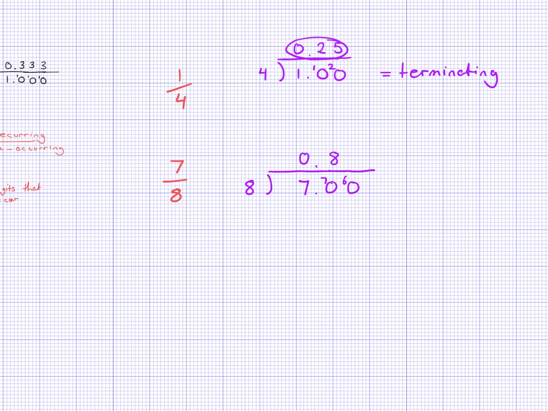How many 8s are in 60? There should be 7, because 8 7s are 56, and 4 left over. And how many 8s are in 40? There should be 5 and none left over. So we have another terminating decimal of 0.875. Notice that in terminating decimals, there's no chance of it keeping on going because there's no more remainders.